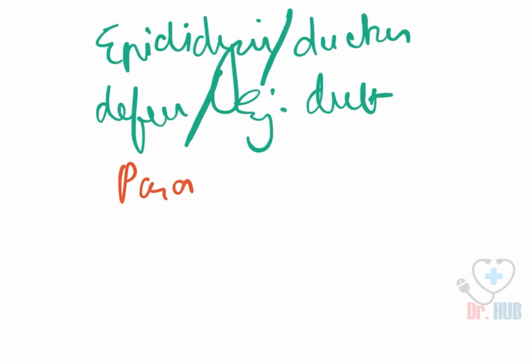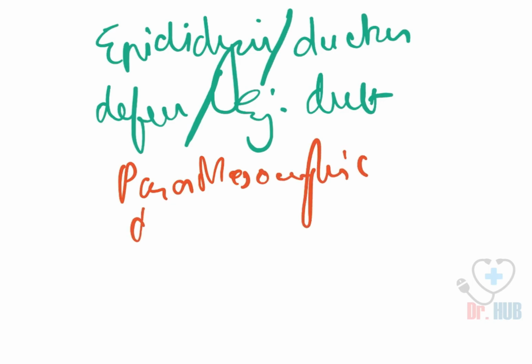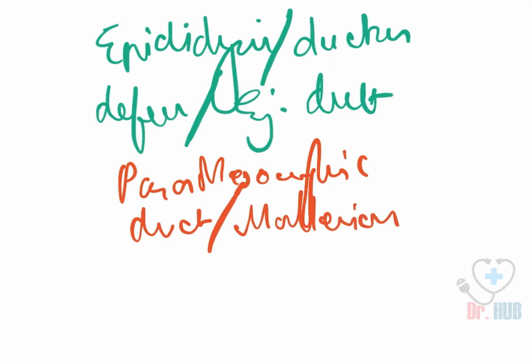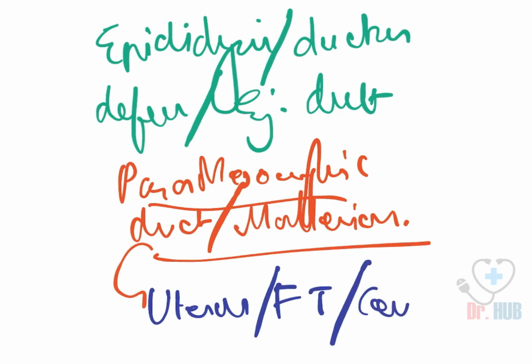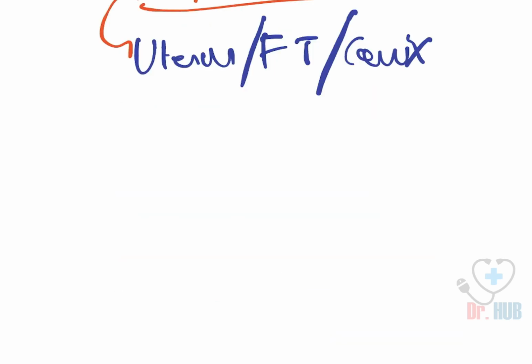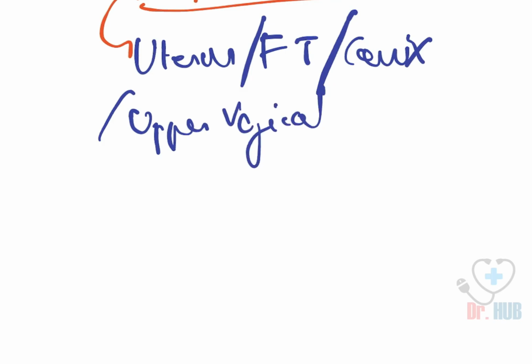Then looking at the paramesonephric duct or the Mullerian duct. In case of paramesonephric duct or the Mullerian duct, in females, it includes the uterus, the fallopian tube, the cervix, as well as the upper vaginal wall.